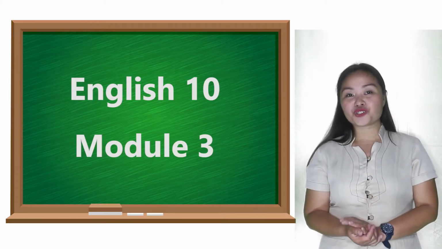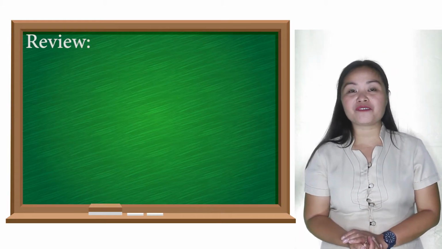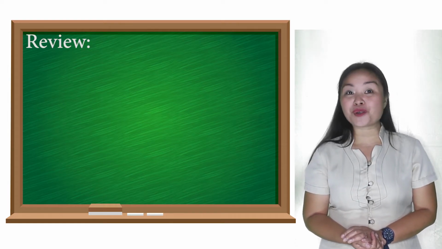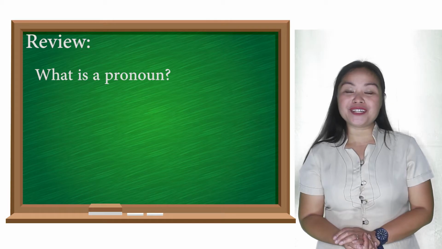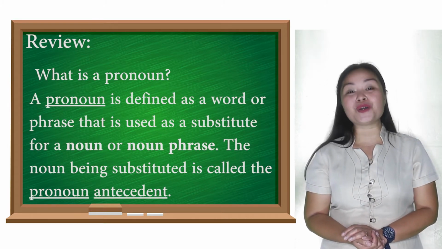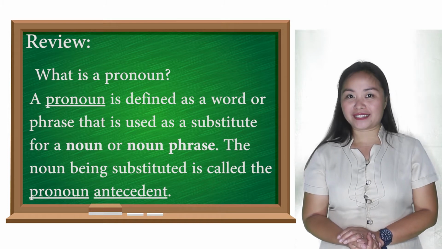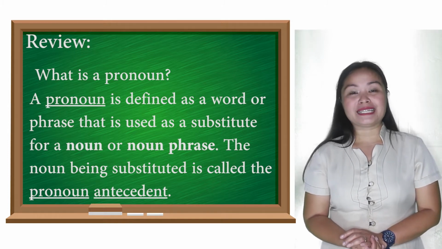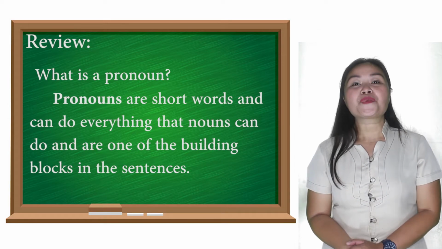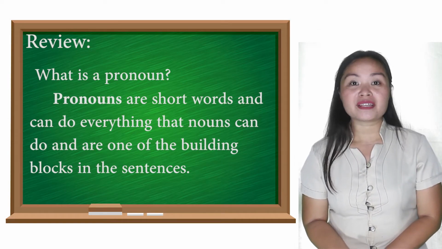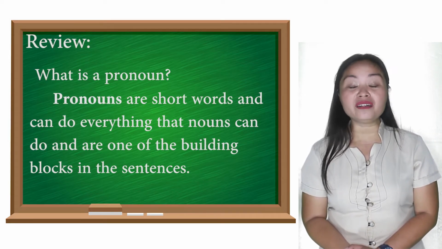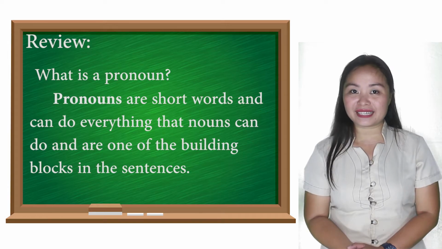Now let's have a short review as pronouns have been discussed since you were in elementary. So what is a pronoun? A pronoun is a word or a phrase that is used as a substitute to a noun or a noun phrase. The noun that is being substituted is called a pronoun antecedent. Pronouns are short words and can do everything that a noun can do, and are one of the building blocks in the sentences.